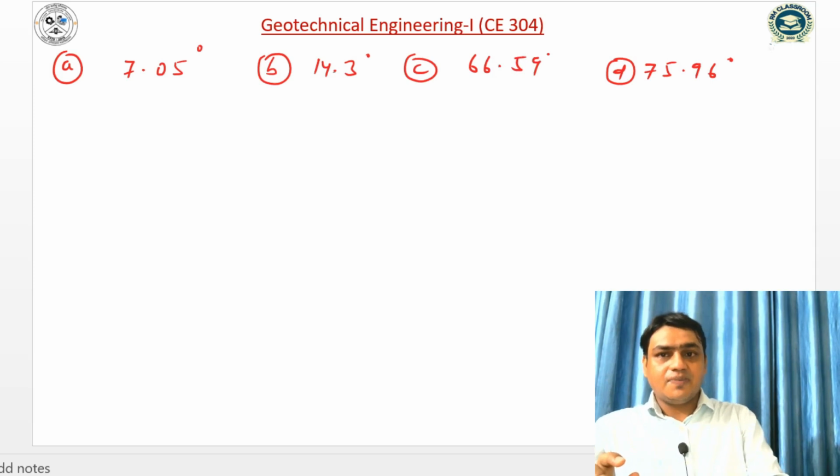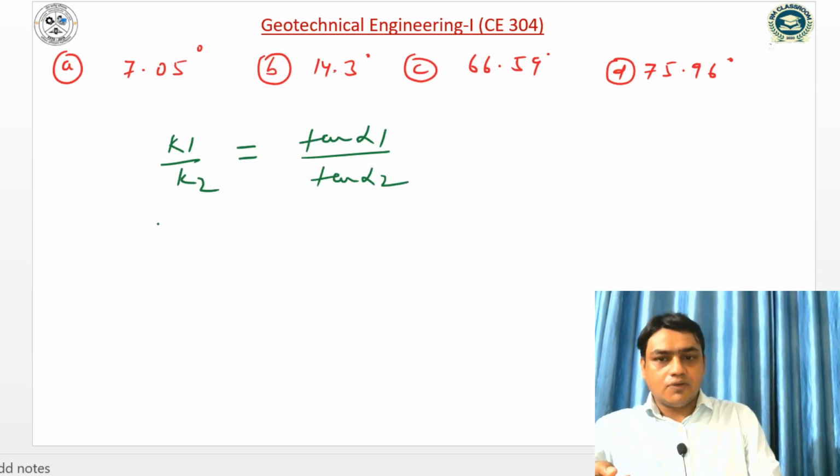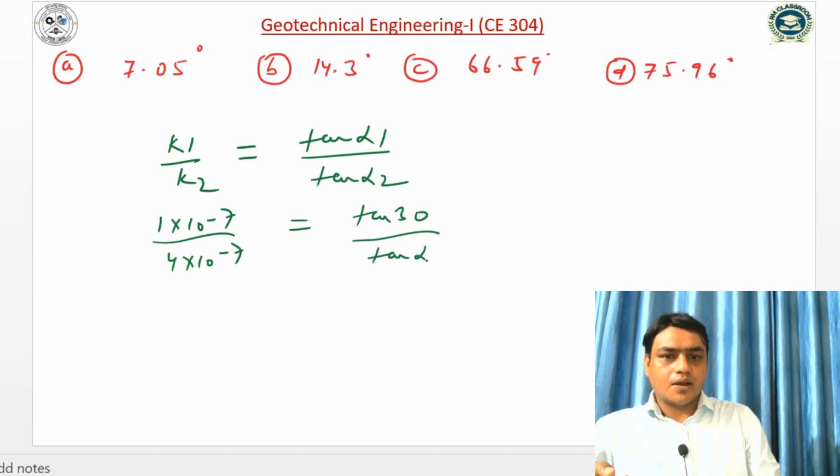So we have the relation that K1 by K2 is equal to tan alpha 1 by tan alpha 2. So 1 into 10 to the power minus 7 divided by 4 into 10 to the power minus 7 is equal to tan 30 divided by tan alpha 2.